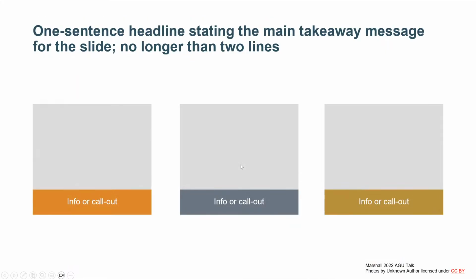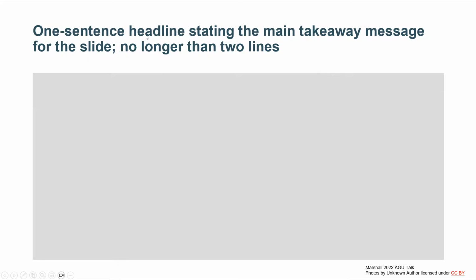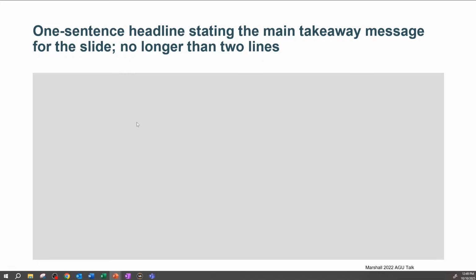Here is an example of different slide designs. Here, a one-sentence headline states the main take-home message of the slide, no longer than two lines, and then an image here, an image here, and an image here, showing three things. Here, a one-sentence headline and then one image, for example.